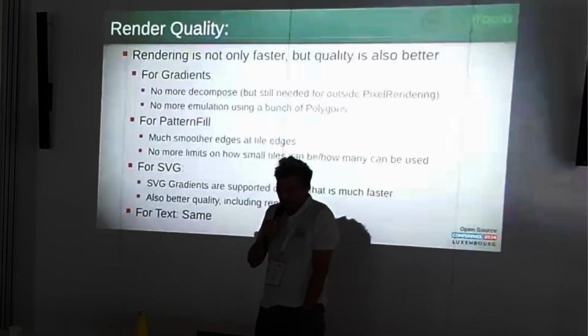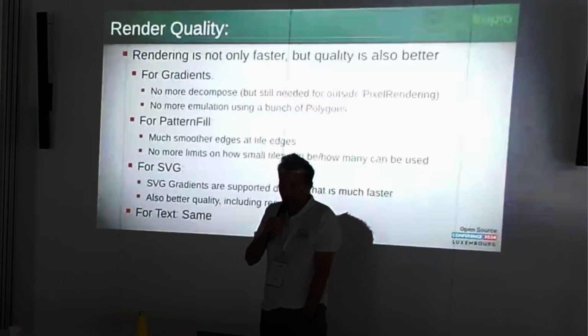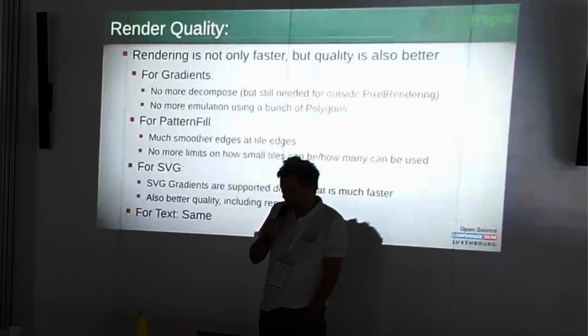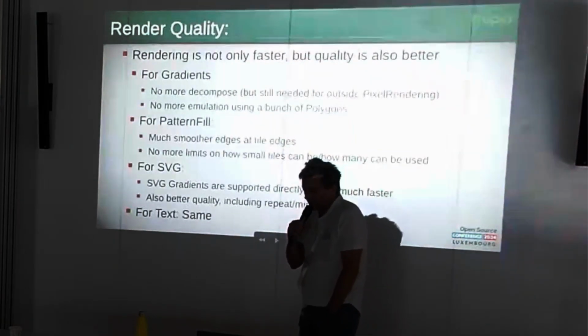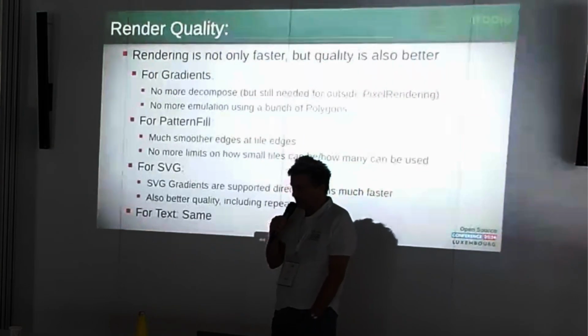So for SVG, I could directly support SVG gradients. So we are importing them and they have a decompose. And up to now, we had to use the decompose everywhere. But this was not easy because these SVG gradients have some wild transformations.